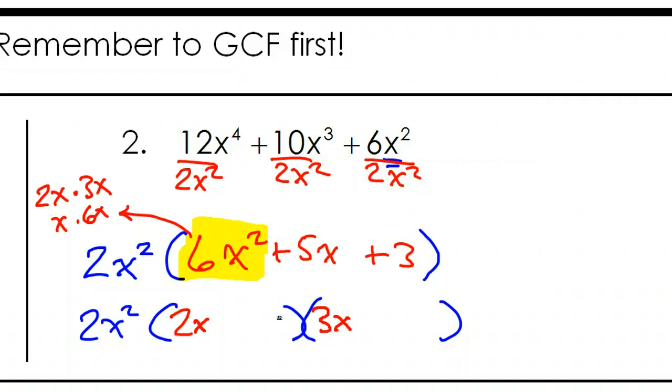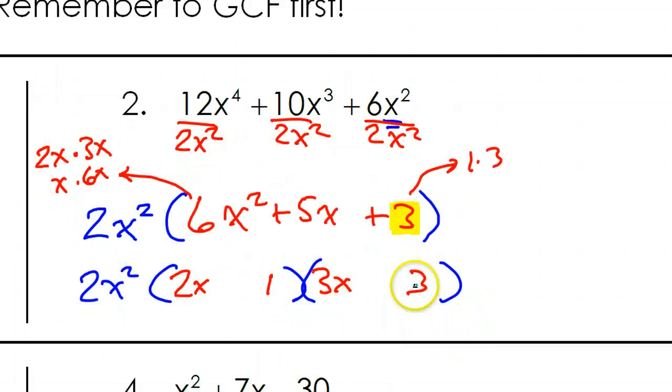Okay, so how do I know this is the right one? I don't know yet. If it works out, great. If it doesn't, I'll go back and try the other way. But next, I skip over this and I focus on the 3. Now 3 can only be one way. It's 1 times 3. Now it matters whether I put the 3 here and the 1 here, or the 1 here and the 3 here.